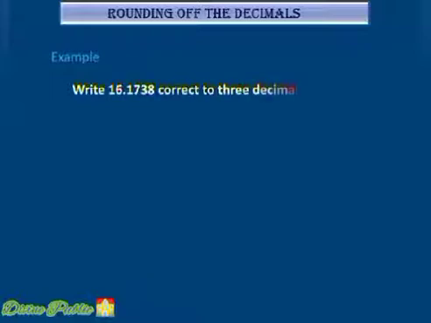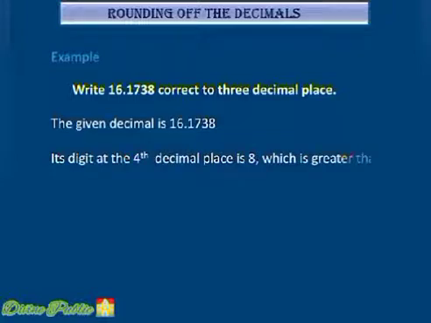Let us see the example. Write 16.1738 correct to 3 decimal places. The given decimal is 16.1738. Its digit at the fourth decimal place is 8, which is greater than 5.